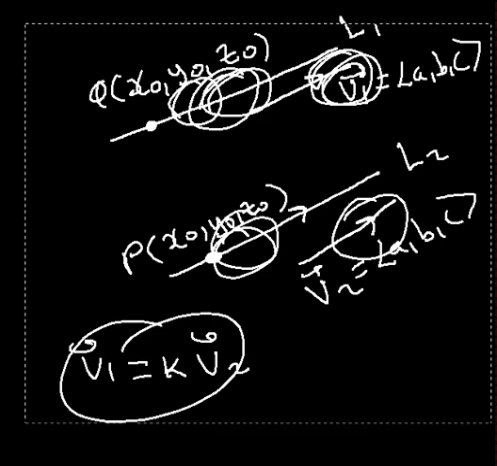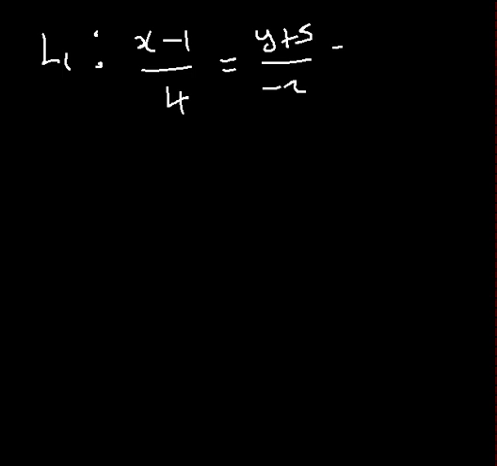And think about this. Let's say we have line 1, which is given as x minus 1 divided by 4, equal to y plus 5 divided by negative 2, which is equal to z plus 9 divided by 3.